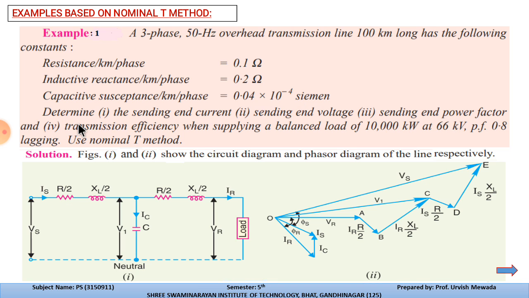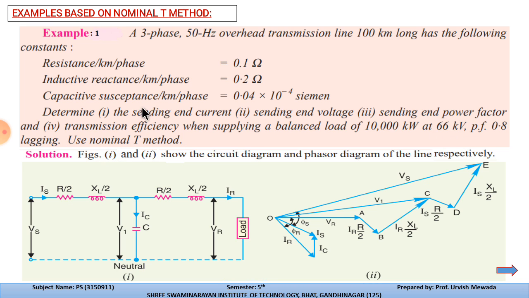The data we need to find out from this data given. So determine, first the sending end current, second the sending end voltage, third the sending end power factor, then the transmission efficiency, when supplying a balanced load of 1000 kilowatt at 66 kV. This is at the receiving end, and the power factor is 0.8 lagging.